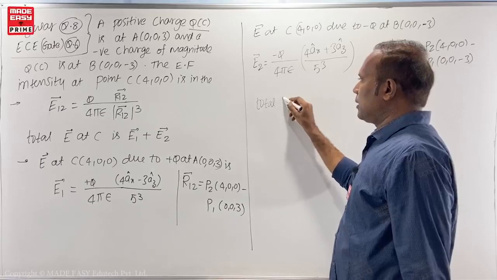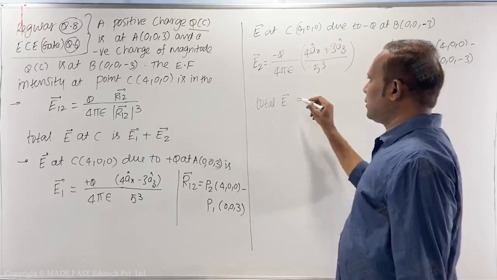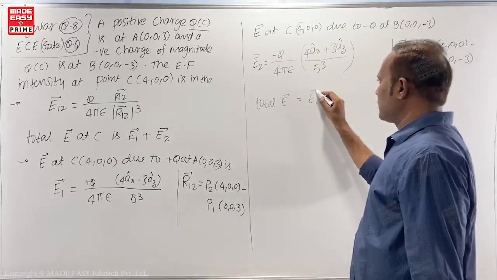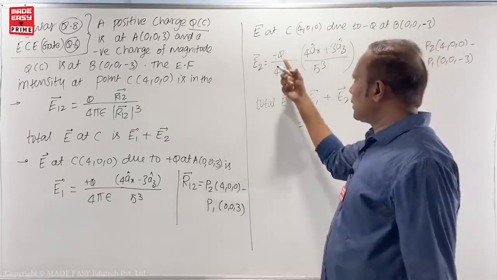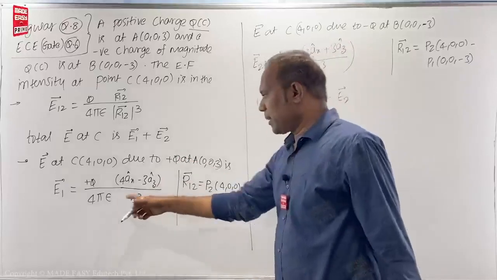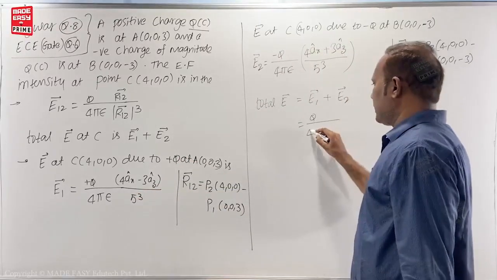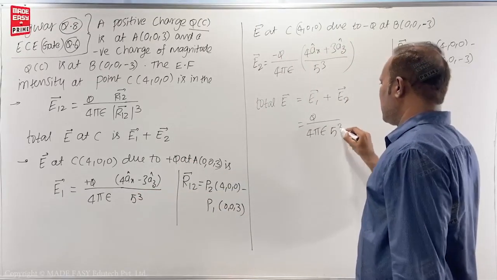So total E bar at the C location is equal to E1 bar plus E2 bar. In both of them, q by 4 pi epsilon 5 cube is common. So 4 ax minus 3 az, and here minus is there, so minus 4 ax minus 3 az. So ultimately, minus 6 az q by 4 pi epsilon 5 cube.